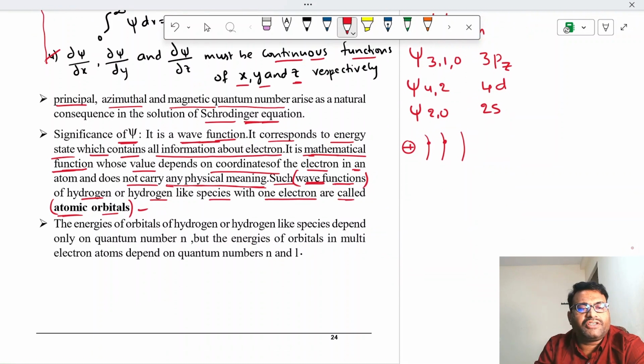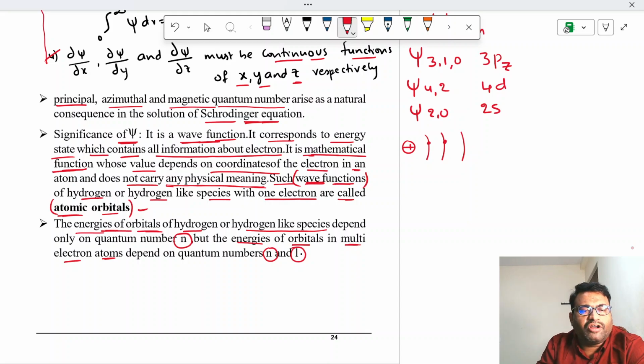Next, the energy of orbitals of hydrogen or hydrogen-like one-electron species depends only on one quantum number, and that is the principal quantum number n.